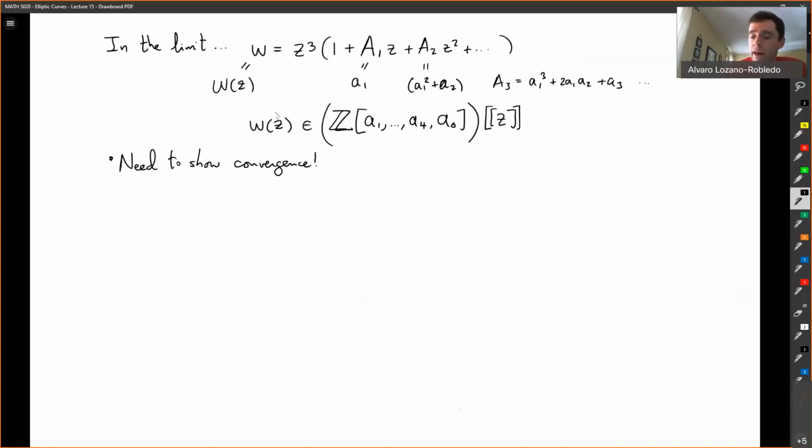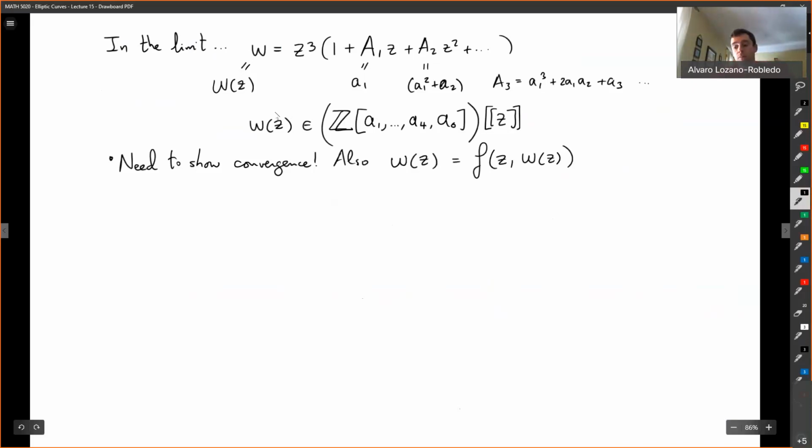We are also going to show that this power series is a solution to the recurrence relation we set up. So that this power series satisfies this property, that I get this identity: when I evaluate my polynomial f at w in that power series, then I actually get the power series back.